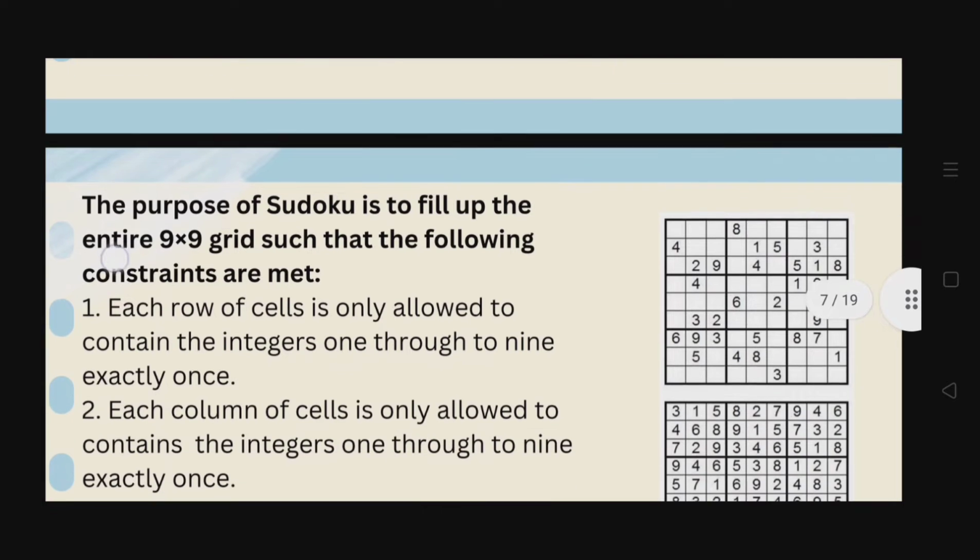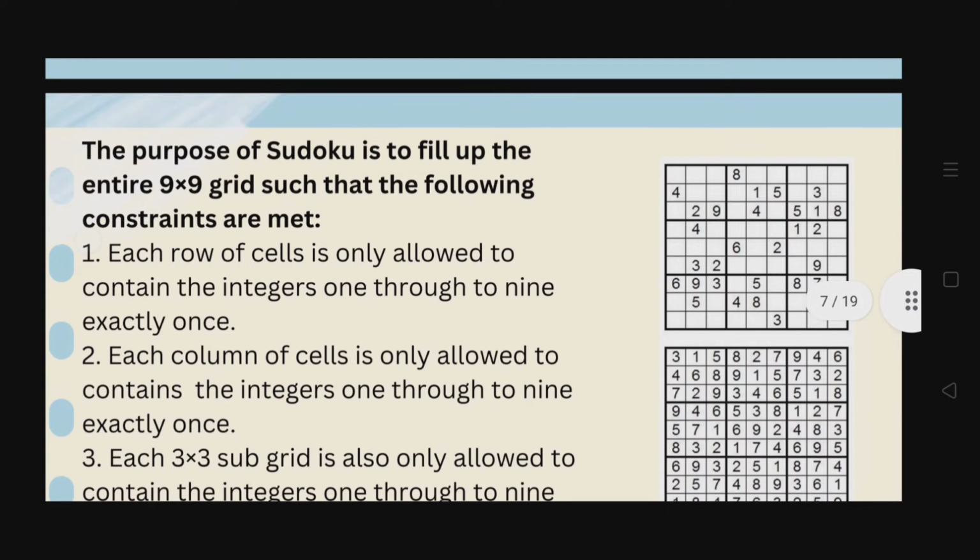The purpose of Sudoku is to fill up the entire 9 by 9 grid such that the following constraints are met. Number 1, each row of cells is only allowed to contain the integers 1 through 9 exactly once.